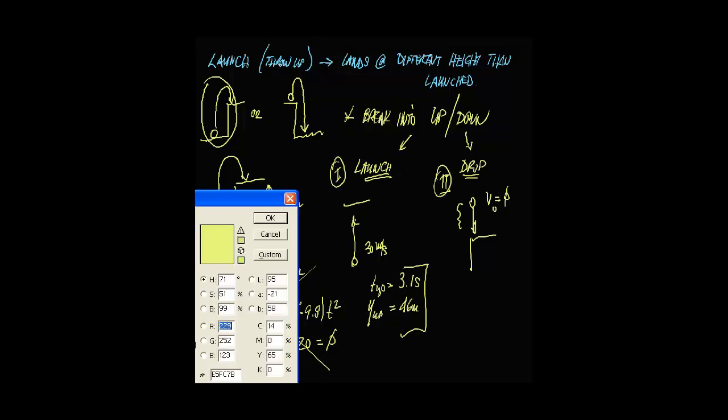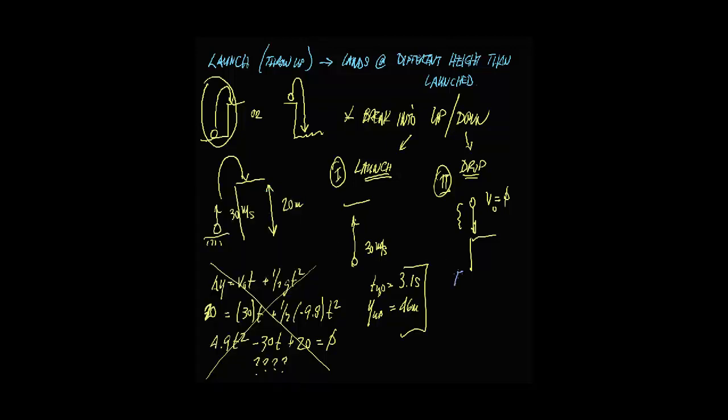The second part is when we drop it. We're going to drop it from 46 meters, but it's only going to fall 46 minus the building height, which is 20, so it really only falls 26 meters. So we do a drop, and that'll be this equation, delta y equals half g t squared, and we put 26 in here.